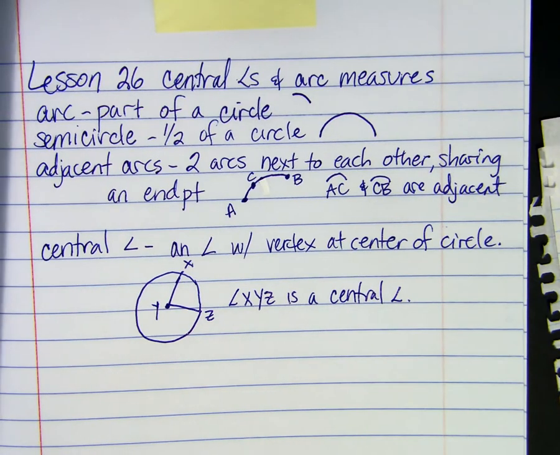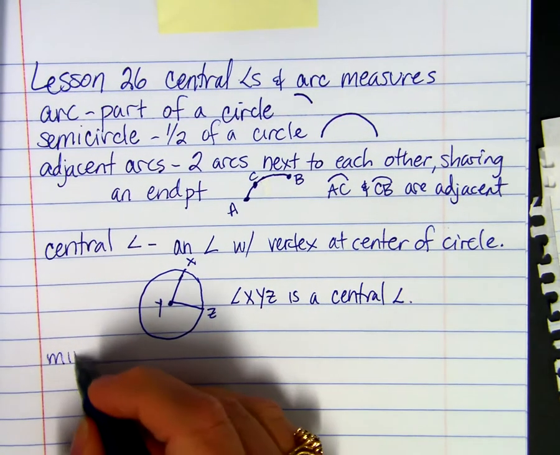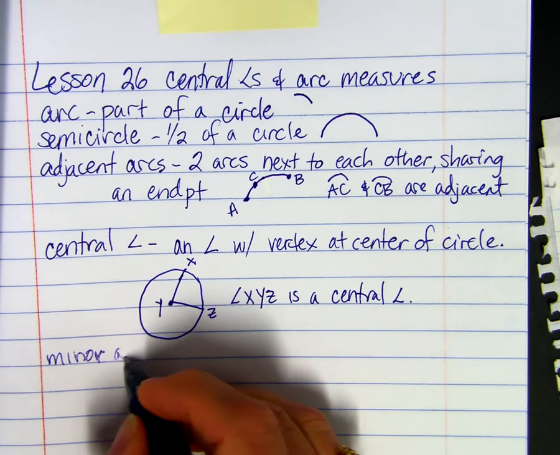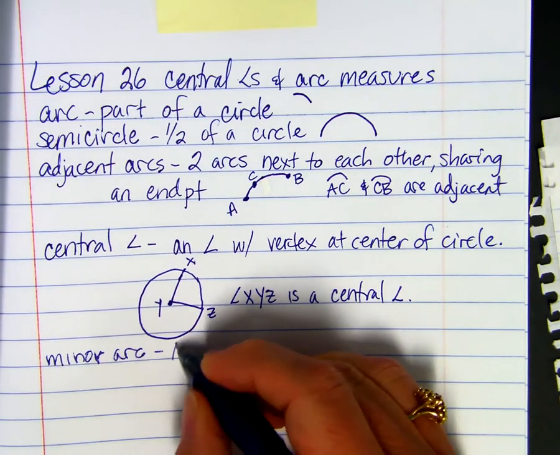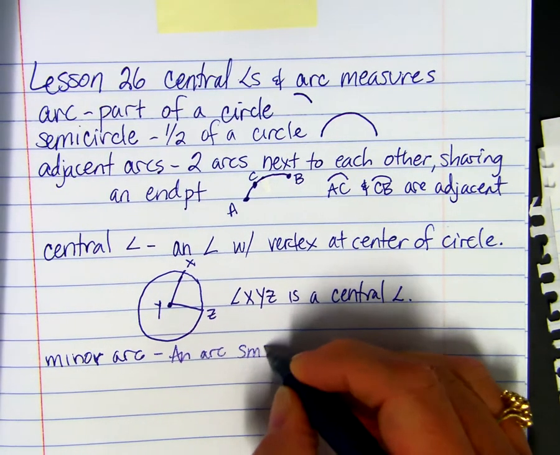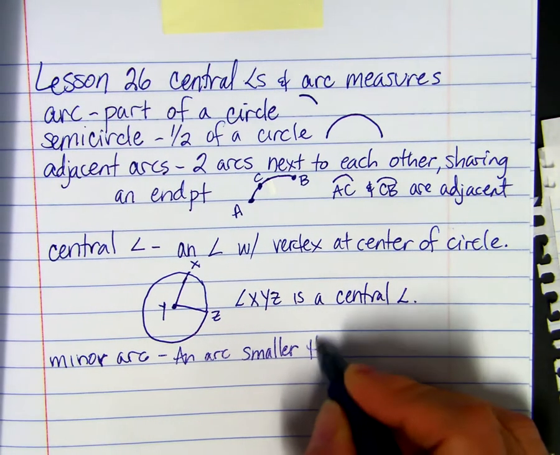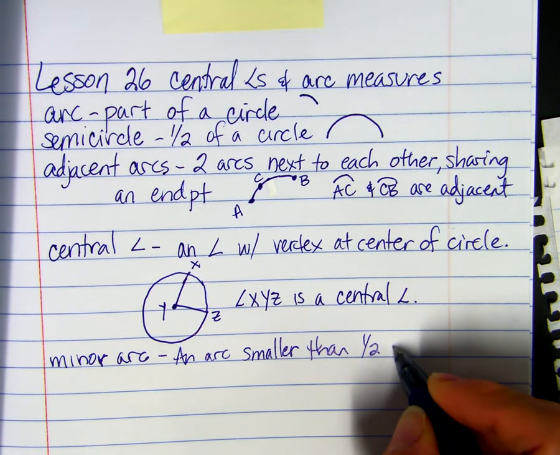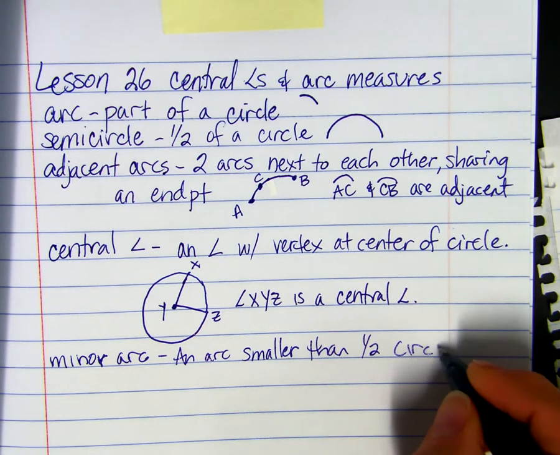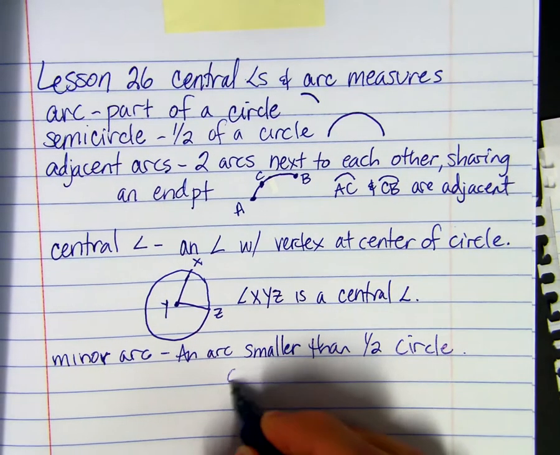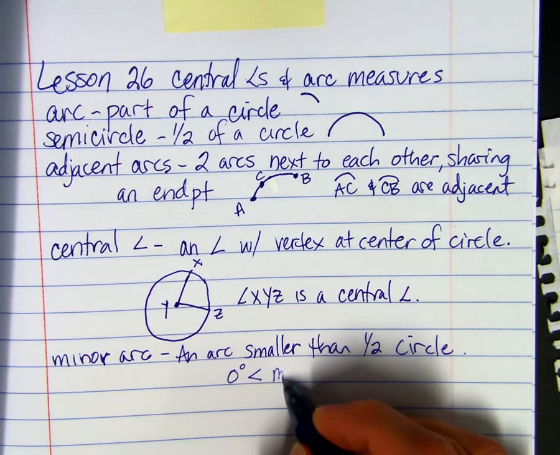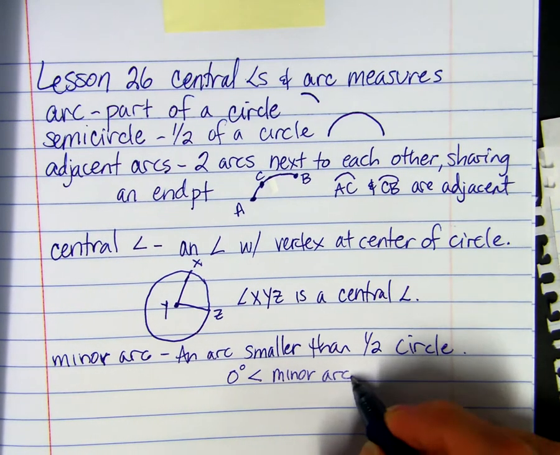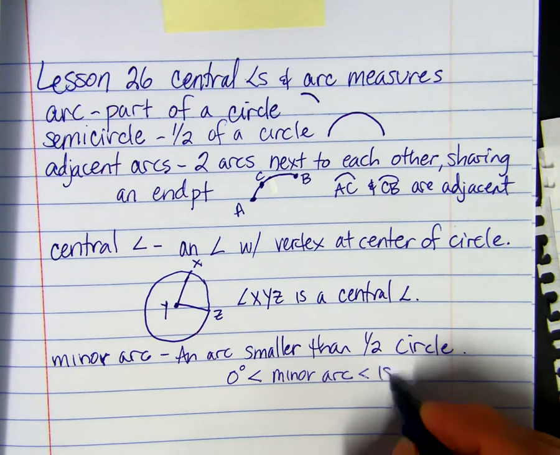Now we can have minor and major arcs. A minor arc is an arc that's smaller than half a circle. So it is between 0 degrees and 180 degrees, but not equal to either of those numbers.